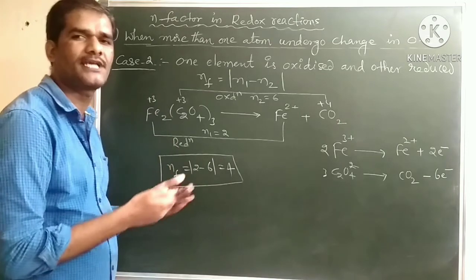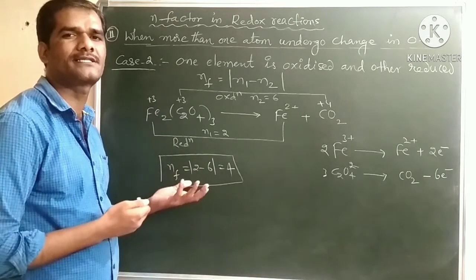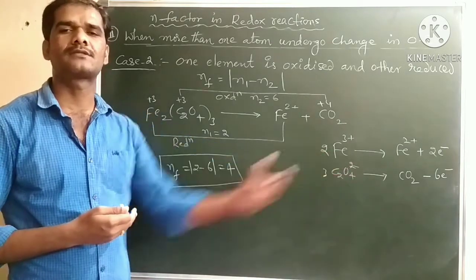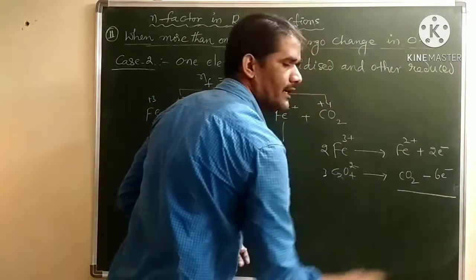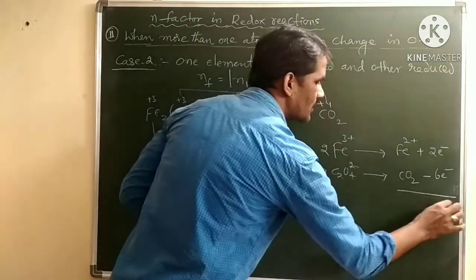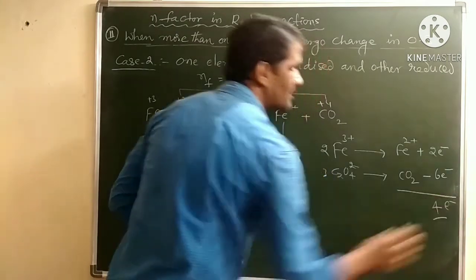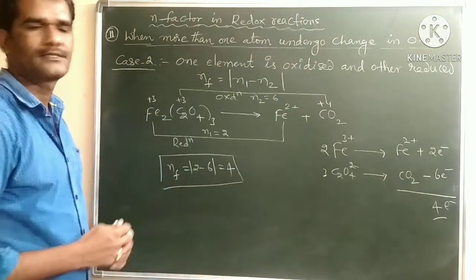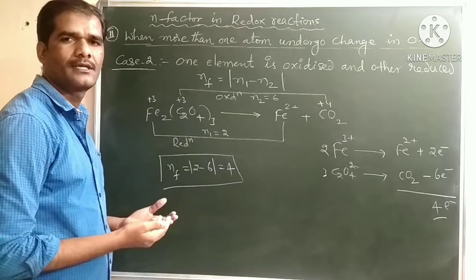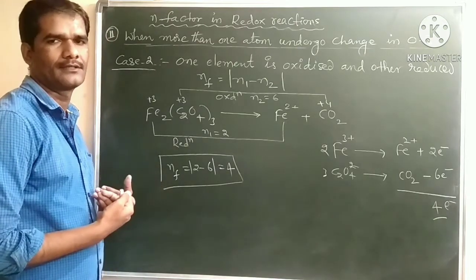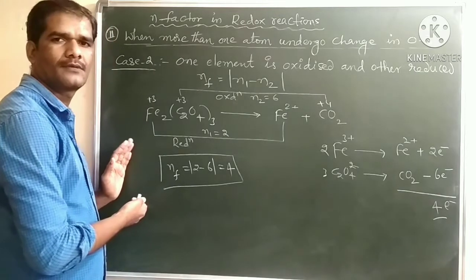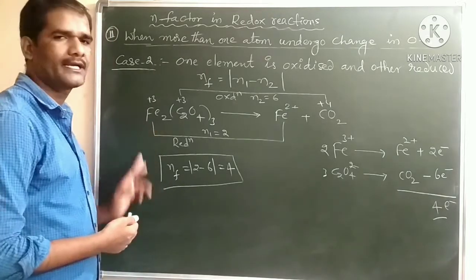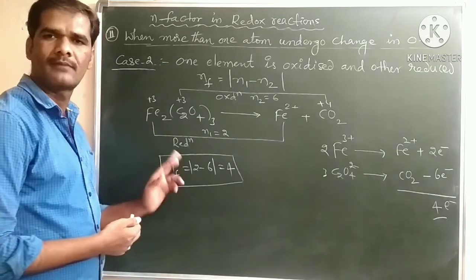What is the overall change? Overall change is the resultant. Loss of electrons is 4. If you take the resultant, 6 minus 2, overall you will get 4 electron transfer. 6 electrons are being lost and 2 electrons are being gained. Resultant is 4. Or in terms of the formula, the resultant n factor is equal to n1 minus n2.